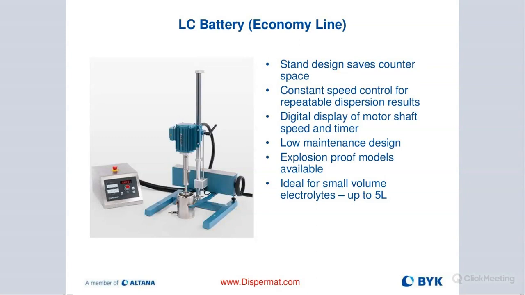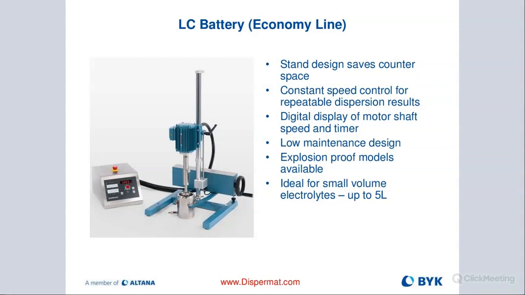Then we also have customers that don't require all these fancy features. They just say, hey, I just need something really simple for my lab. I like that direct drive motor technology. These units are super quiet. We want those, and therefore we also have the low cost, economy line battery model. So basically, this is just a simple dissolver.